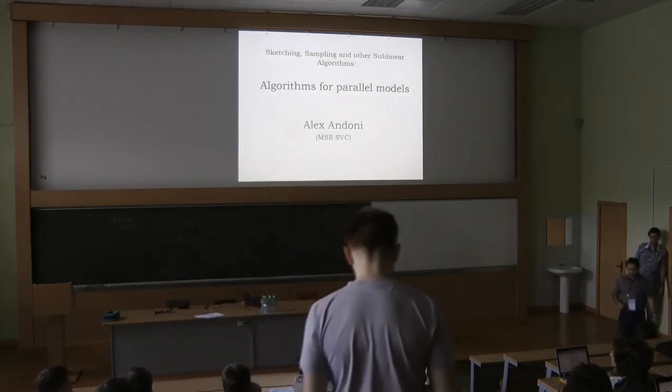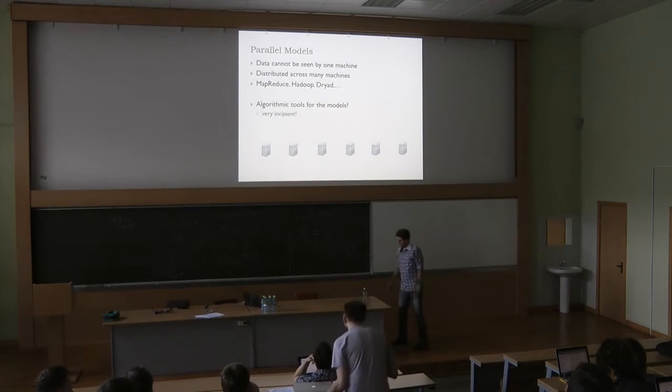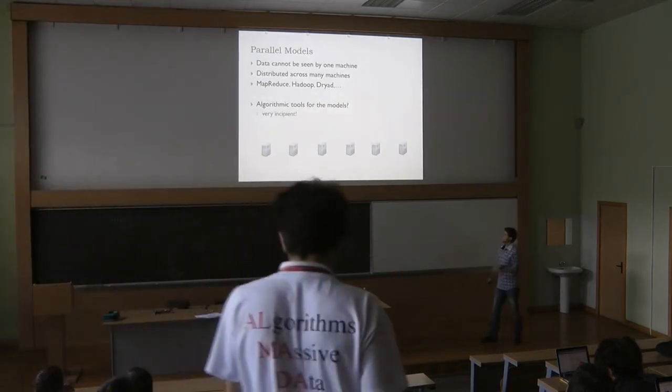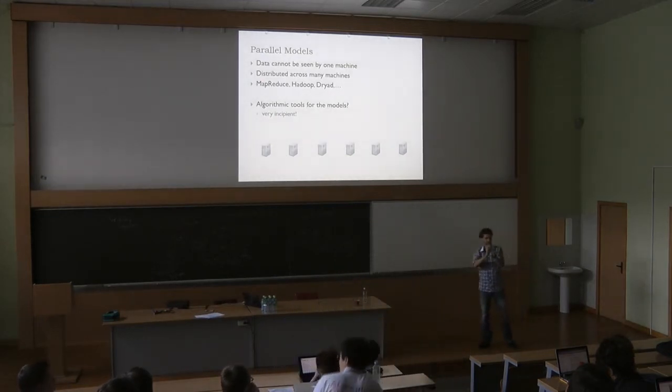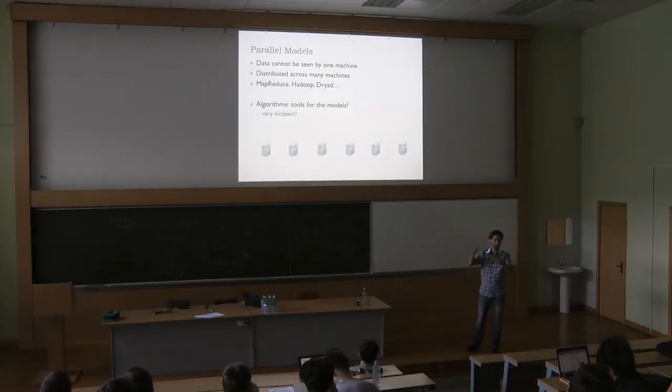All right. So let me give some general motivation. Like in the previous lecture, what we had is one computer, one CPU, and all the data passed through it. So you at least still had to do a linear scan of the data, right?